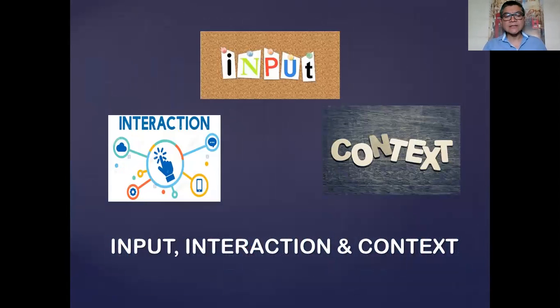So the idea is to talk about input, interaction, and context. If you allow me, now I'm going to show the presentation, in which I include my examples for these concepts.